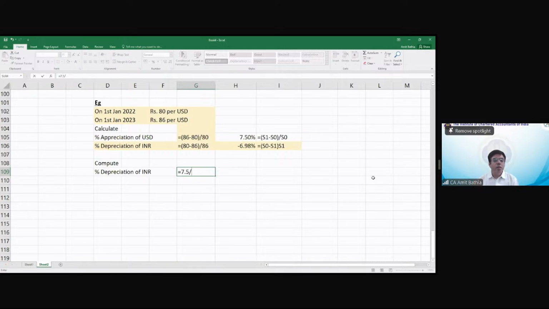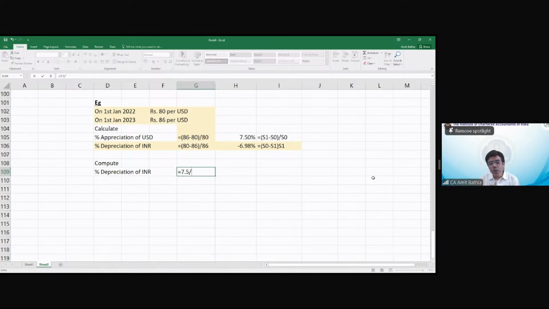I repeat once again. I have to calculate percentage depreciation of INR from percentage appreciation of USD. In other words, if USD was, say, for example, 100 earlier, now it has become 107.5, right? So when I'm calculating percentage depreciation of INR from percentage appreciation of USD, you know for a fact the change is essentially 7.5.